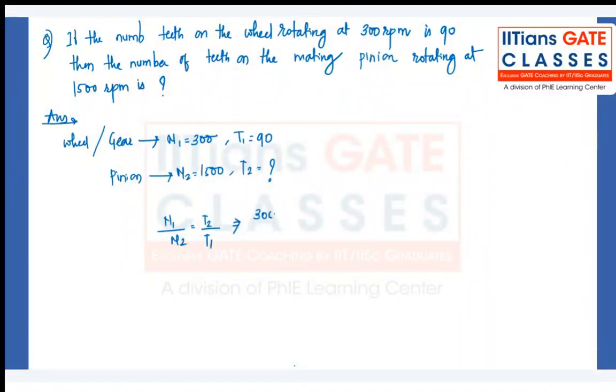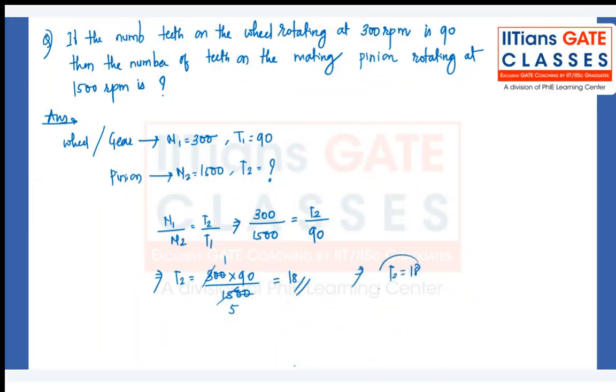This implies N1 is 300, N2 is 1500, T2 we don't know, T1 is 90. So T2 is equal to 300 into 90 divided by 1500. These two will get cancelled, 3 ones are 3, 5 threes are 15, we get 18. So the number of teeth on the pinion is 18.